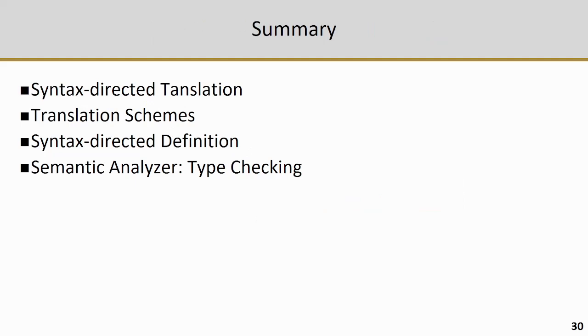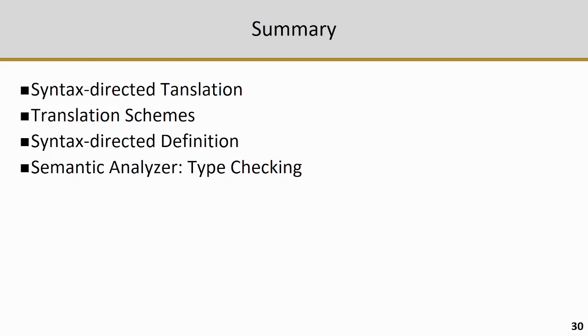Okay, so as a summary, we went through syntax-directed translation today, which includes 3 steps, starting from the syntax analysis through the semantic analysis, and ends at the intermediate code. And we have seen 2 different tools for this purpose.